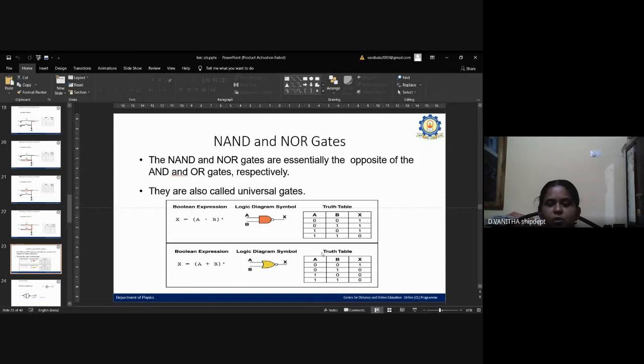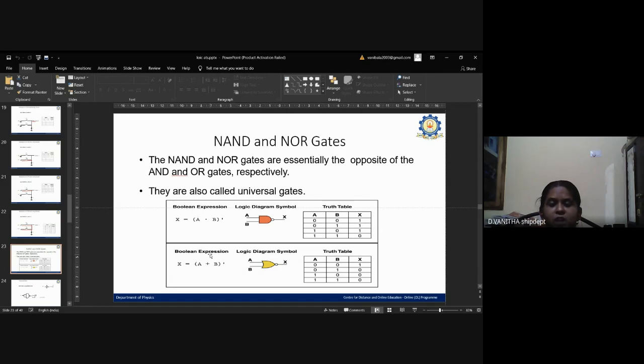In the truth table, if both the inputs are 1, we are getting the output as 0. If both the inputs are 0, or any one of the inputs is 0, we are getting the output as 1. So the logic diagram symbol can be represented by using this symbol. Next, the Boolean expression for the NOR gate is (A plus B) inverse.